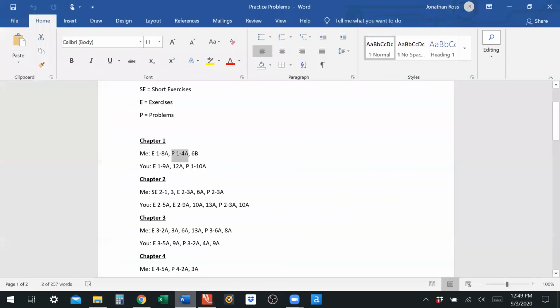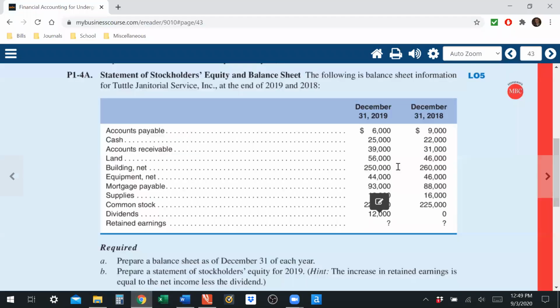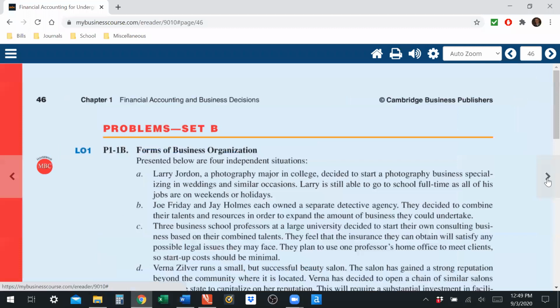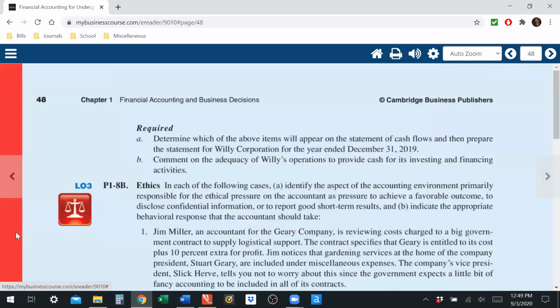So the last one we're going to do is problem 1.6b. So let's jump ahead to the B problems. Problem set B, and we're doing number 6. Oops, I went too far.